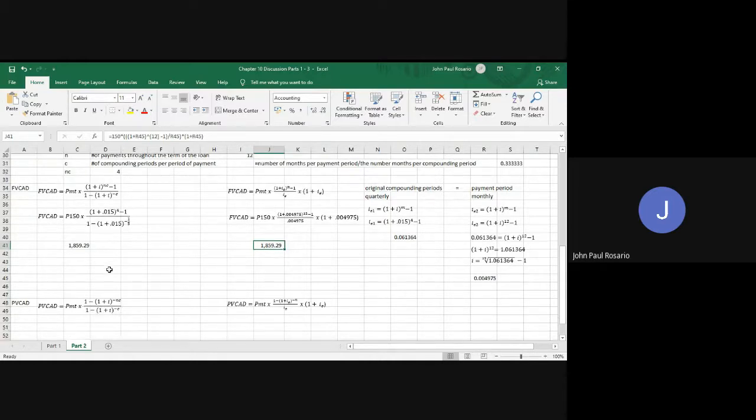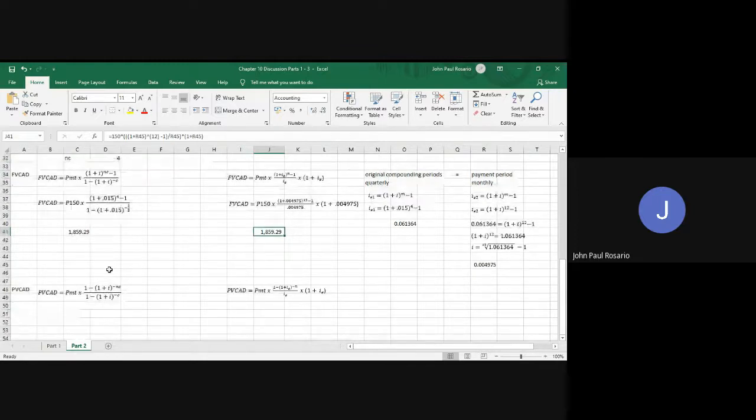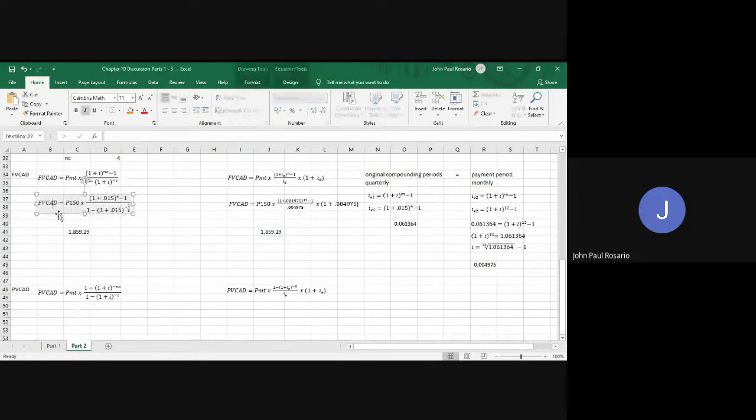Now, lastly, let's go to our present value. Let's just copy this one for expediency of the process. Now it becomes 1 less, and this should be negative 4.